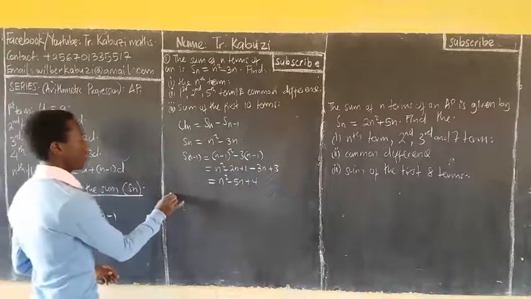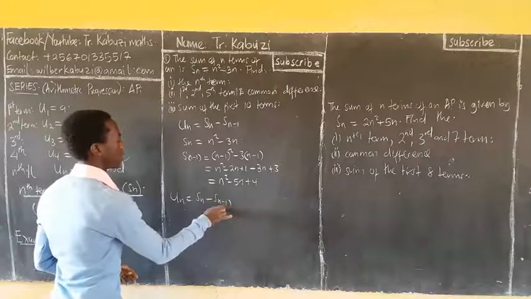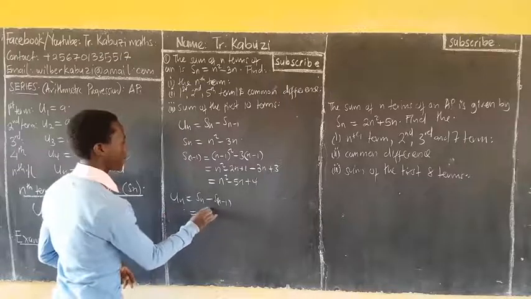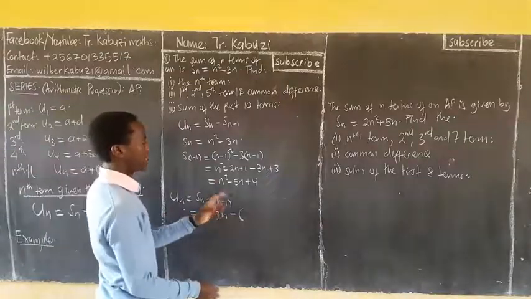So that my un will be now Sn, which is here, minus this.